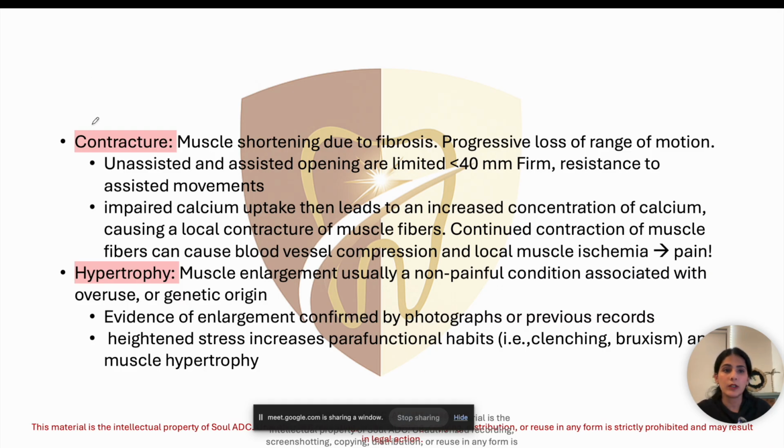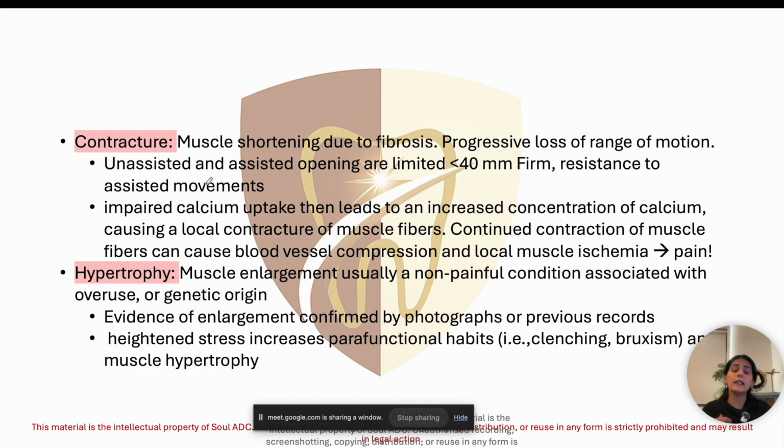So contractures: when I'm talking about contractures, what happens is your muscle gets into fibrosis, so stiffness of the muscle happens. If anything gets stiff, suppose you think about a sponge going stiff, what will happen is it will shorten. So there is muscle shortening due to fibrosis. Progressive loss of range of motion will be seen.